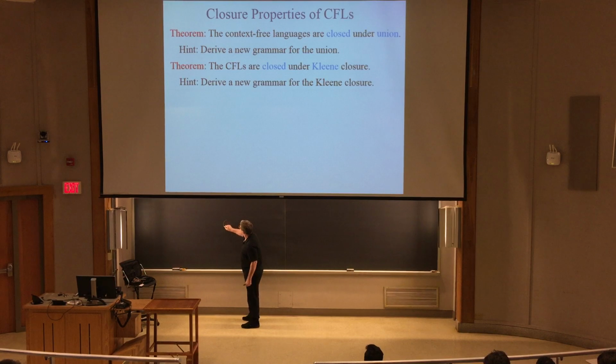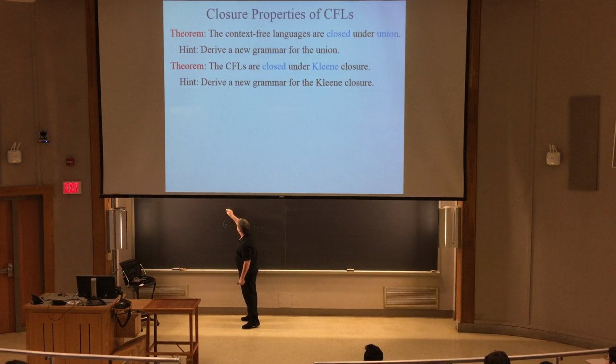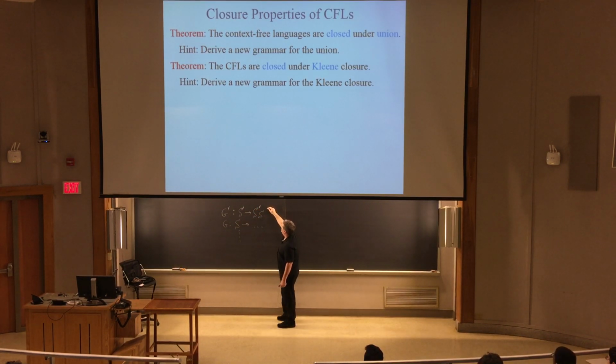So if you have an old grammar, G, with some start symbol that goes to a bunch of productions, what you can do is create a new grammar G prime with a new start symbol, call it S prime, and S prime goes to S prime S, or to epsilon.